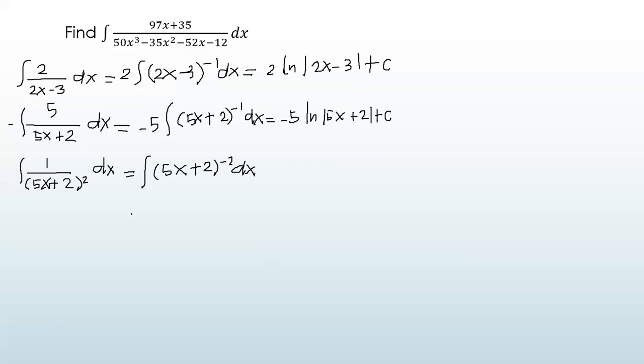Integral of 5x plus 2 to the power of negative 2 equals 1 over 5x plus 2. Wait, I'm going to check first, because there is 5 here. Maybe not 5.